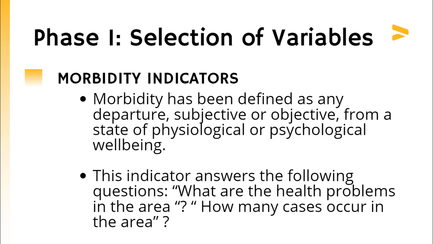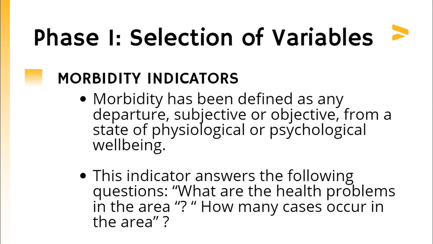In neonates, a value of more than 37.5 is considered increased, and any value less than 36.5 is considered decreased or abnormal. That's why when we talk about morbidity, you need to know first the normal state of well-being, and any deviation from that normal is your morbidity.